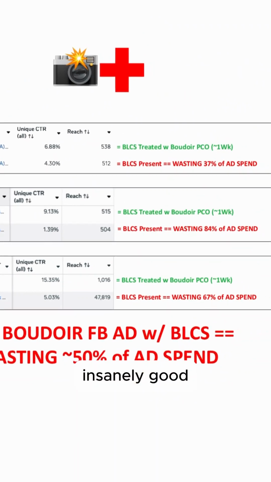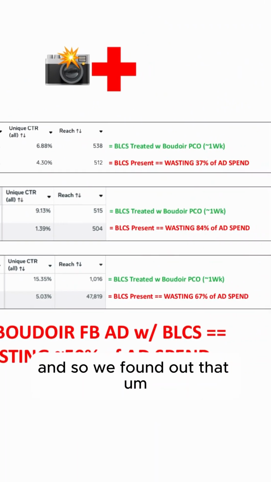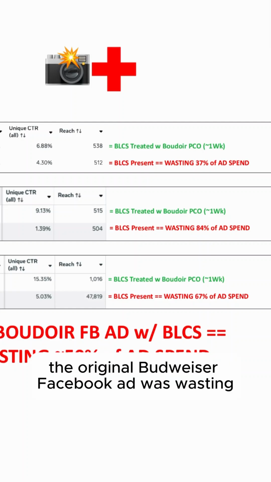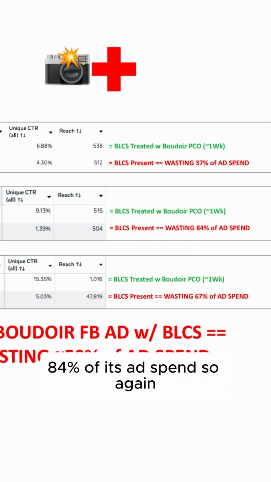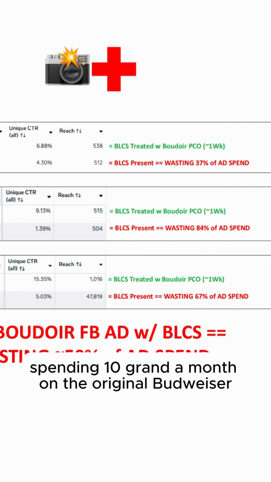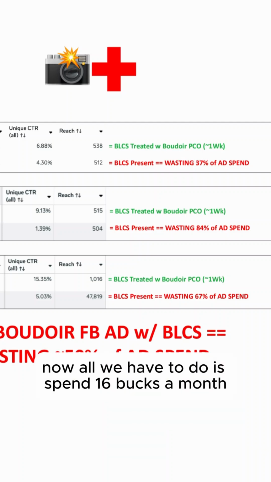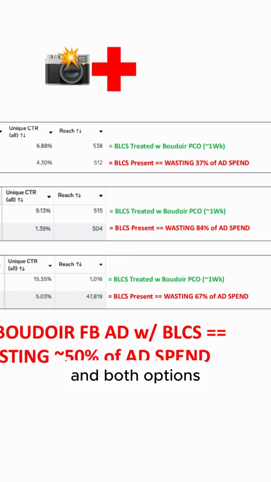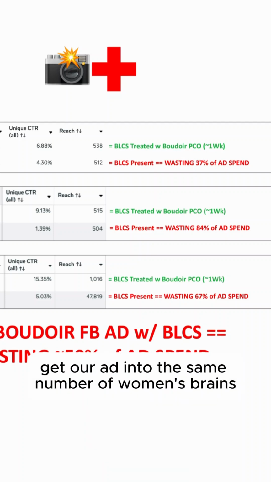Insanely good. And so we found out that the original Boudoir Facebook ad was wasting 84% of its ad spend. So again, if they've been spending 10 grand a month on the original Boudoir Facebook ad, now all we have to do is spend 1,600 bucks a month on the Boudoir Pico treated ad, and both options get our ad into the same number of women's brains.